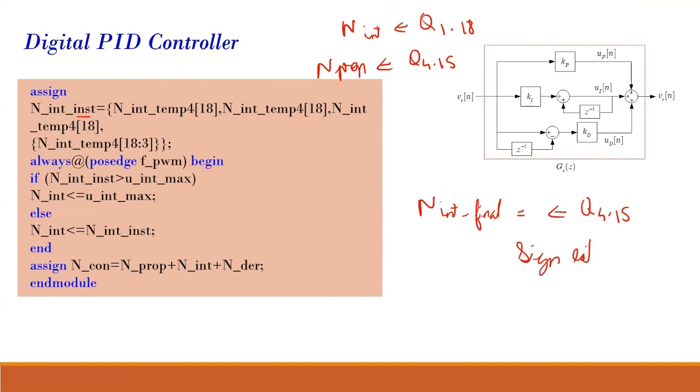I have to add 3 bits at the MSB. So I add 1 bit here, 1 bit here, 1 bit here, and those must be the same bits. Then I take this data and I'm ignoring the last 3 bits. The last 3 bits are ignored. So my n integral final will come out to be Q4.15.